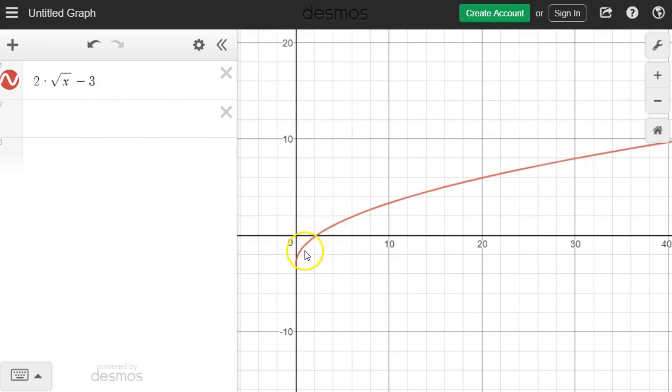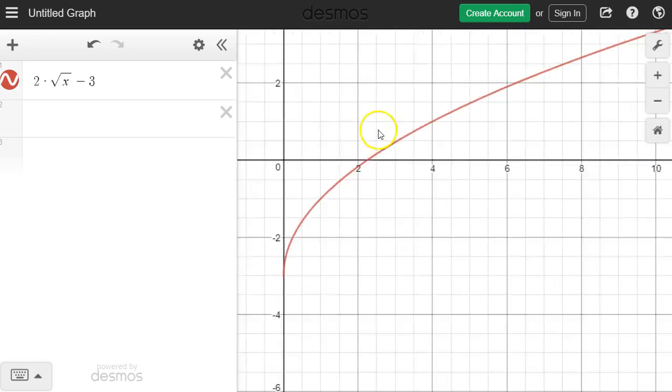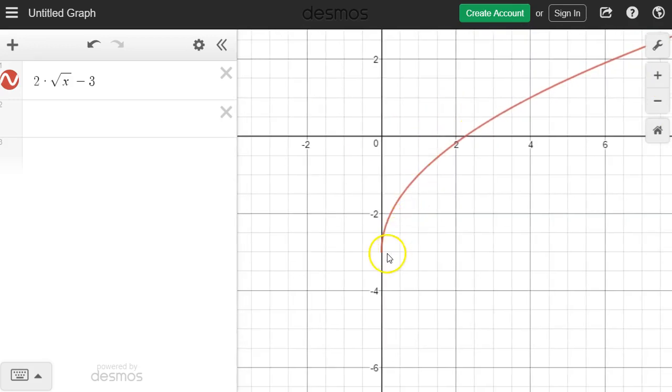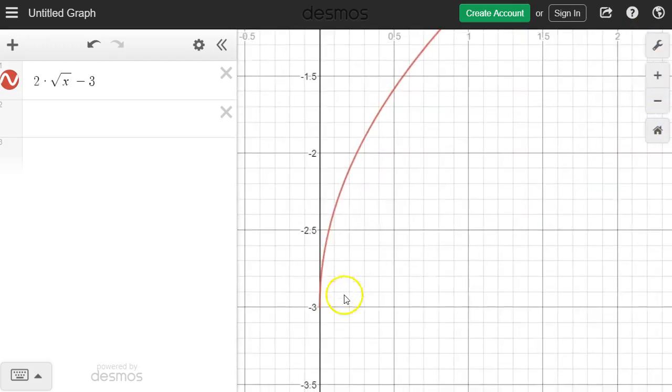And now the range, we'll notice that it actually goes from -3 to infinity. Let's just double check that here. If we zoom in a little bit more, it goes from -3 and then it goes up forever.